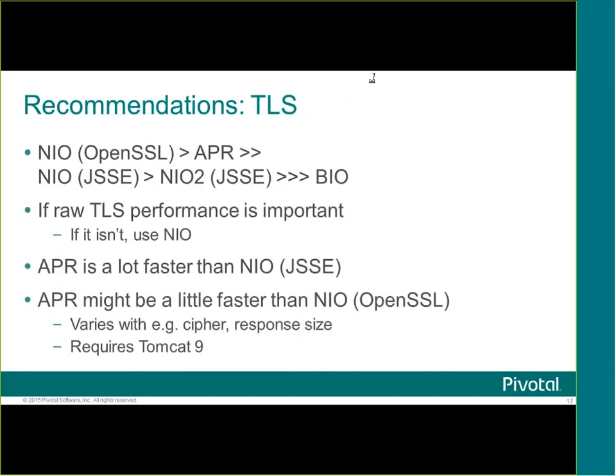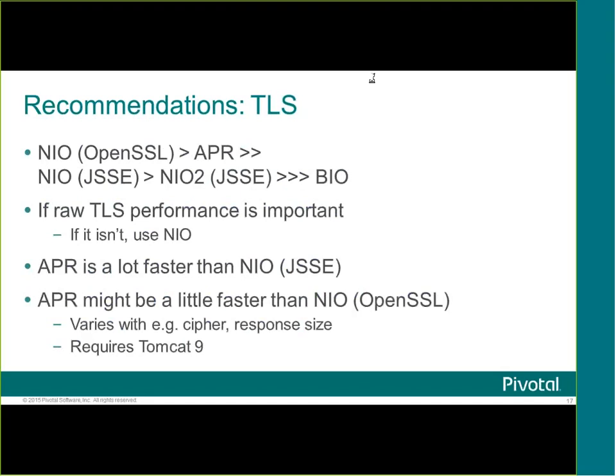Once you get on to TLS, then things are a little bit different and complicated by the new options that we've introduced in Tomcat 9. So let's deal with the easy one first of all. BIO, don't touch it, same reasons as before. After that, if it's raw TLS performance that's important to you, up to Tomcat 8, you want to be using APR.